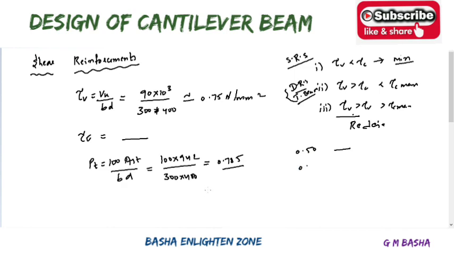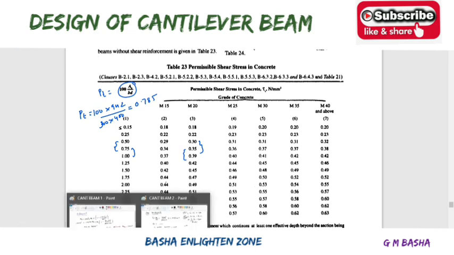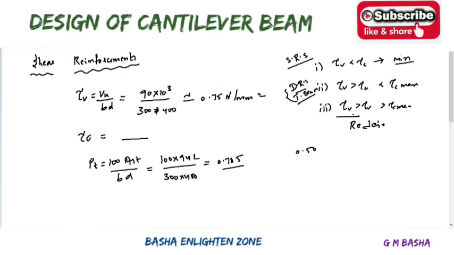Sorry, for 0.75, it lies between 0.75 and 1. I will write here, for 0.75, how much, and for 1, how much.